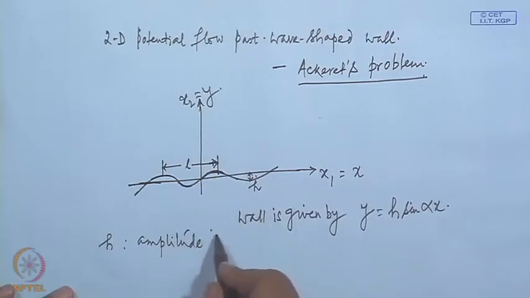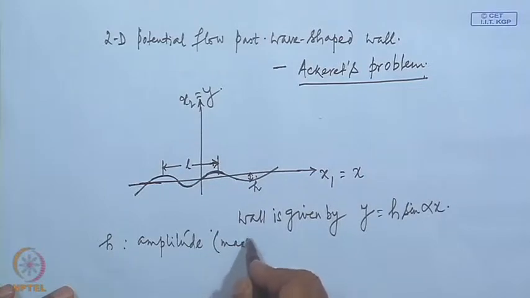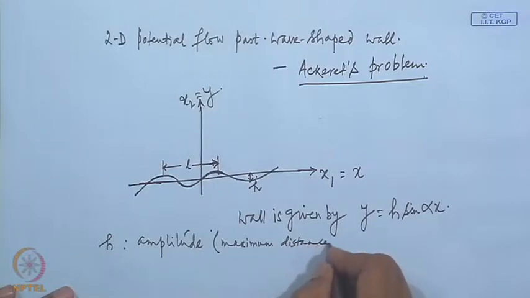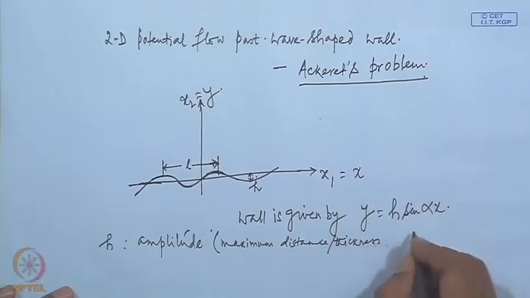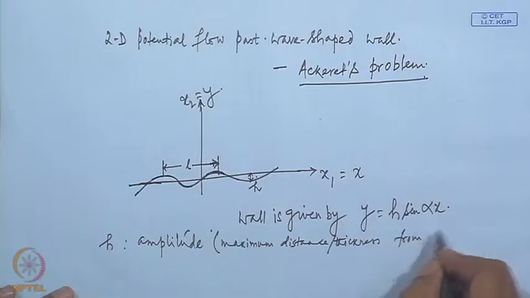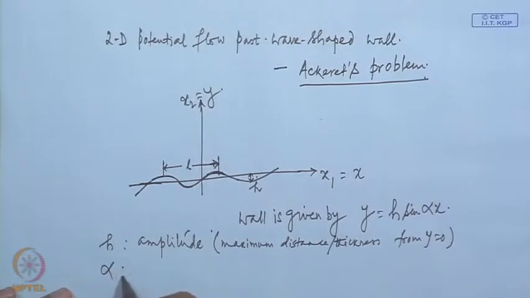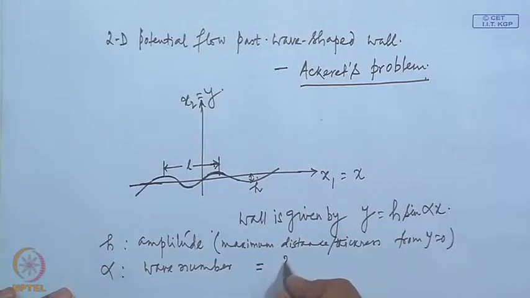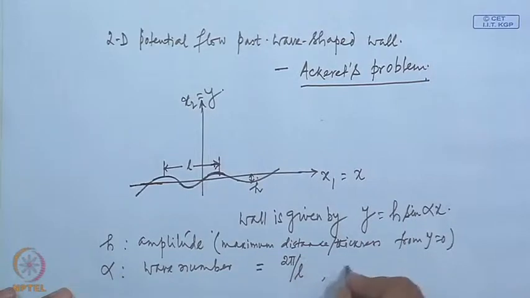Amplitude, which is the maximum deviation from y equal to 0, and alpha is equivalent to the wave number, equal to 2 pi by L, where L is the wavelength.